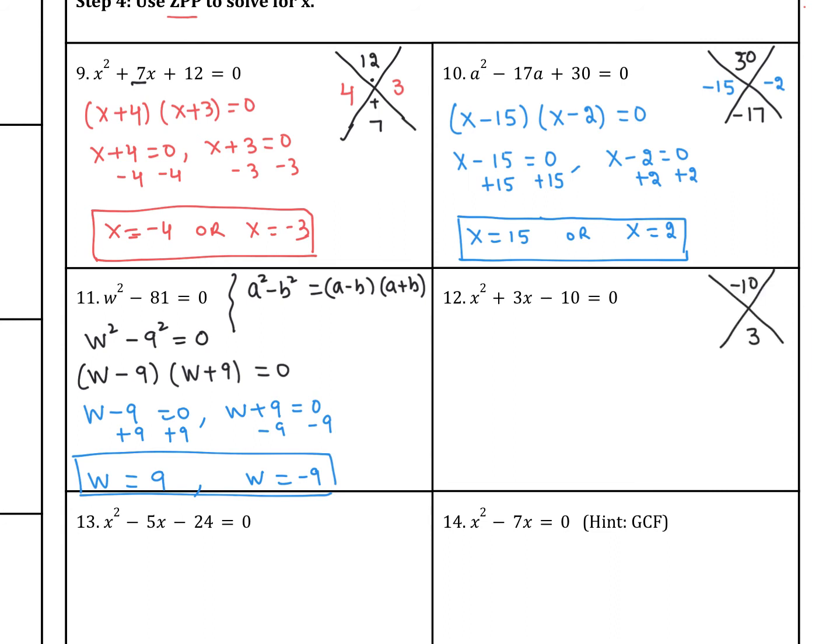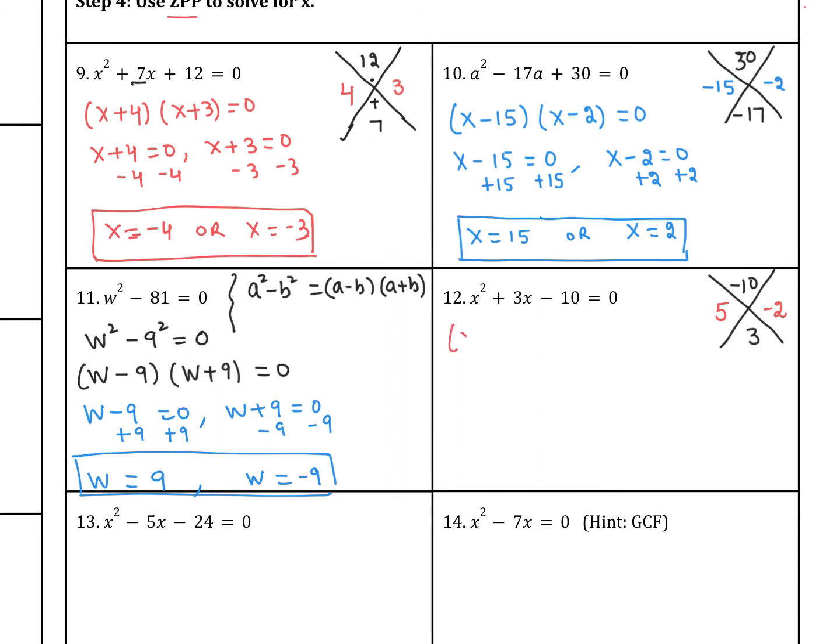For number 12, the multiplication should be negative 10 and the addition should be 3. You're looking for two numbers. When you multiply, you get negative 10, so one of the numbers should be negative. So 5 and negative 2: when you multiply, you get negative 10, and when you add 5 and negative 2, you get 3.